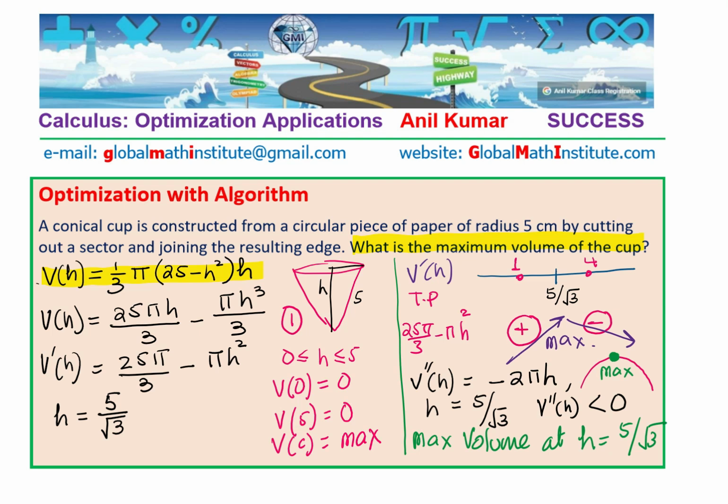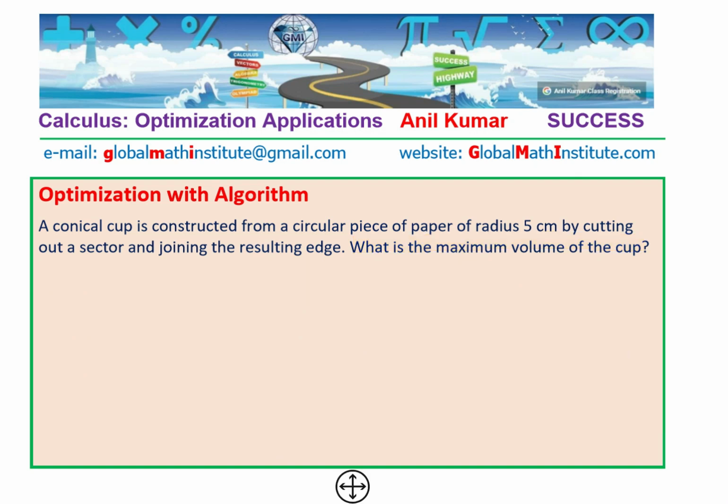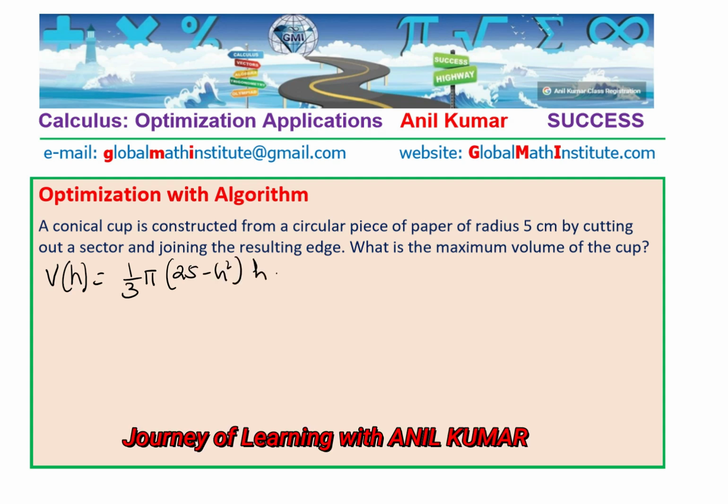We can calculate the value on the next page. So we'll rewrite the expression: volume is 1/3 pi r square, r square was 25 minus h square, times h. And the value of h we are looking for is 5 by square root 3. Makes sense? I hope with this, your concept of optimization in calculus is absolutely clear.